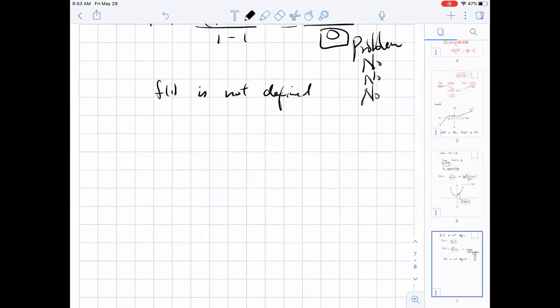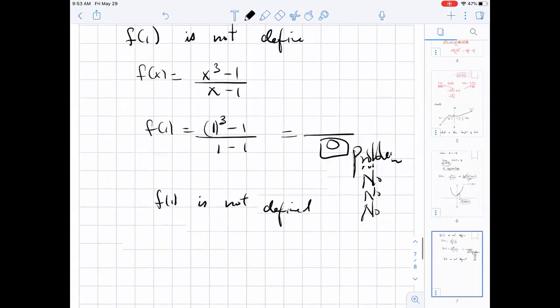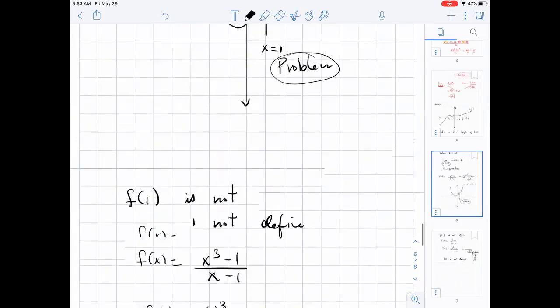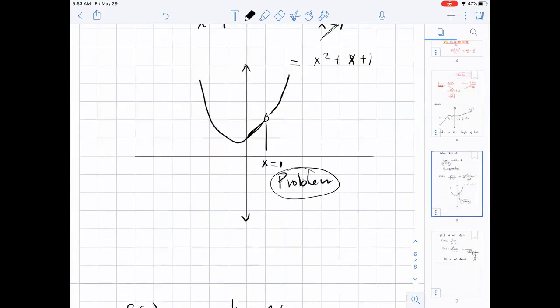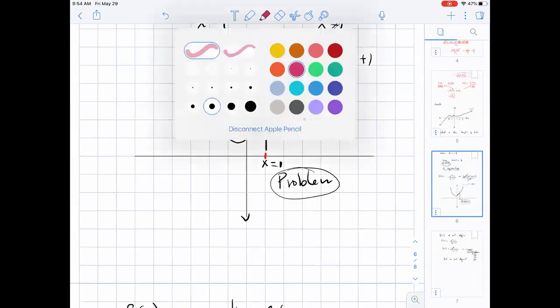So that's the problem, and that's why we say approach, because as you travel, pay attention. This is where x is equal to 1. This is the point where x is 1, right? Now, keep in mind the graph here, x is 1.